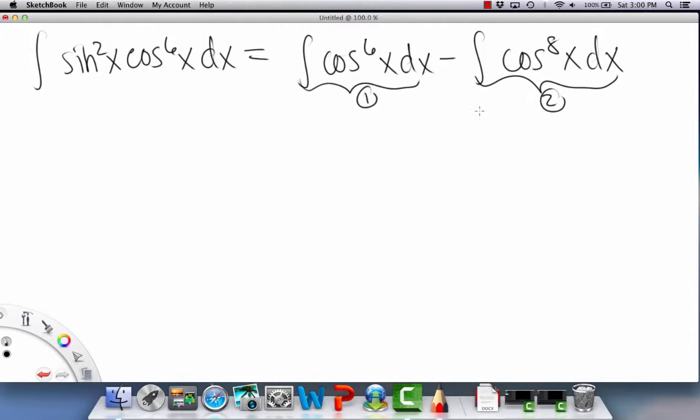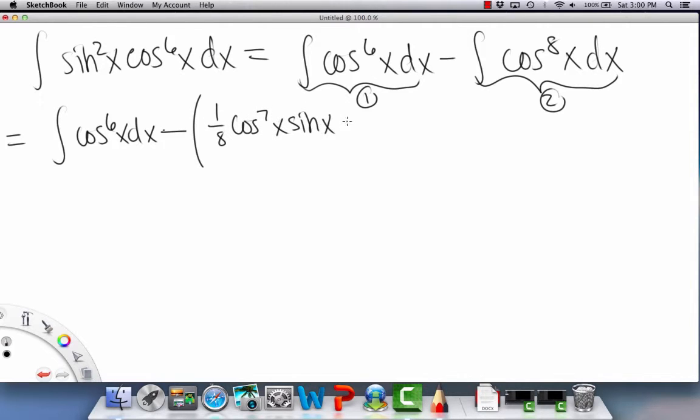Now I plug in what we've obtained: the integral of cosine to the 6th x dx minus, and let's plug in what we got for the integral of cosine to the 8th. This is a minus 1 over 8 cosine to the 7th x sine x, plus 7 over 8 of the integral of cosine to the 6th x dx.